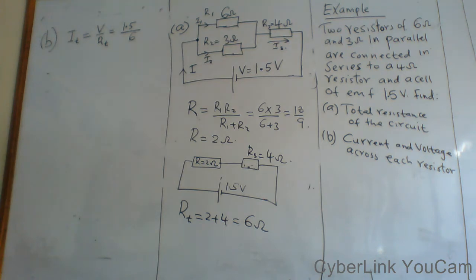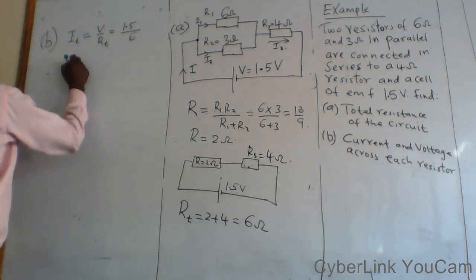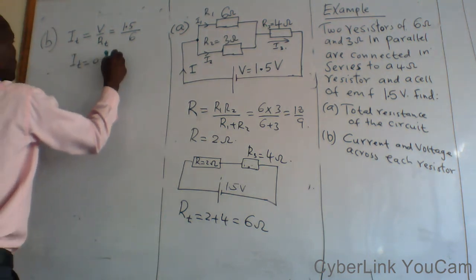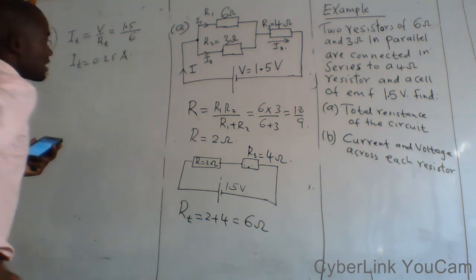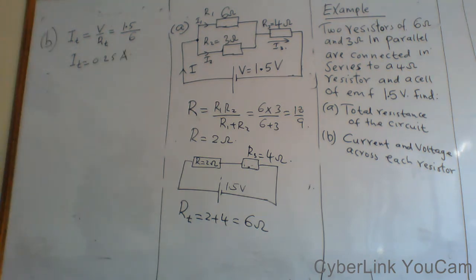So if you take 1.5 divided by 6, you will get 0.25 amperes. That is the total current that is flowing in the circuit.